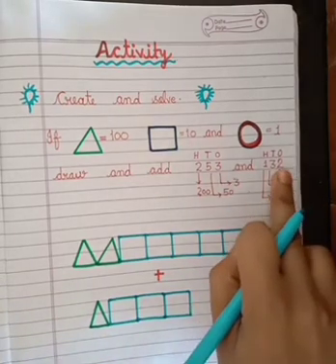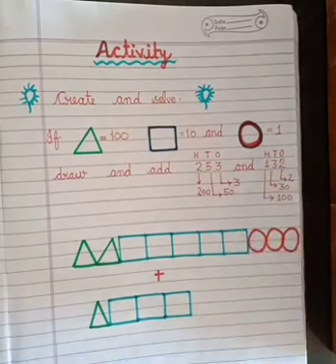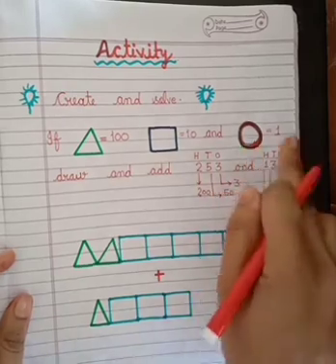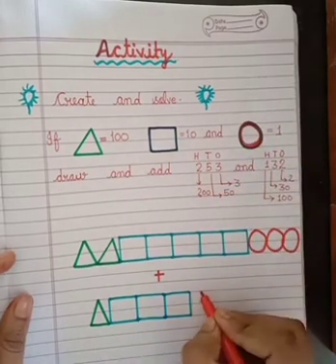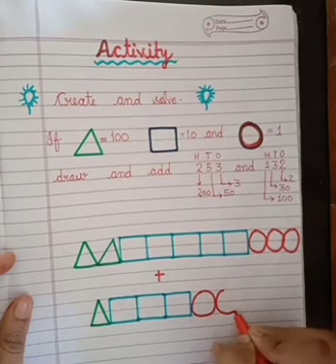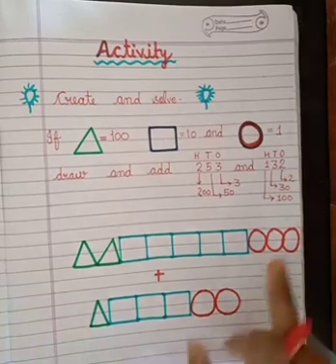And the digit at the ones place is 2. So now we have to draw 2 circles because one circle is equal to 1. 1 and 2. Now it is 2.